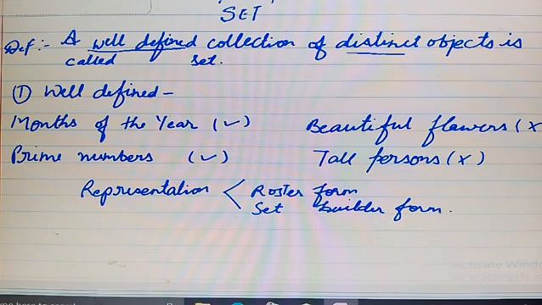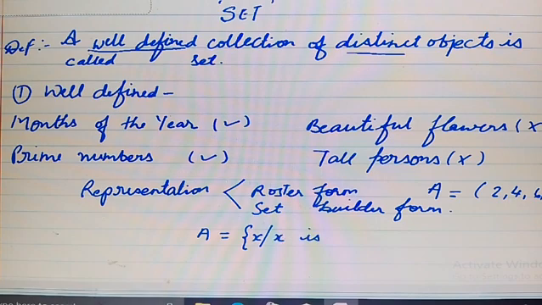Now let me write an example for roster form. If I'm writing any set in this way, that A is equal to {2, 4, 6, 8}, and in another way, if I'm writing that E is equal to {x : x is an even number}, you can understand, I think.